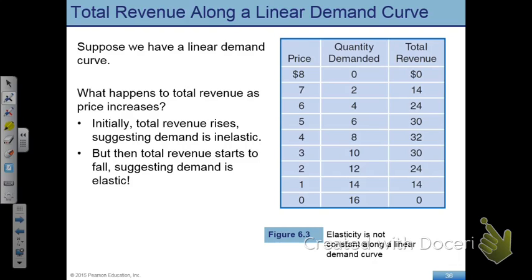Total revenue increases from 14 to 24. A major jump, right? 6 to 5, total revenue increases from 24 to 30. From 5 to 4, total revenue increases from 30 to 32. When price falls from 4 to 3, total revenue goes down. Do you see that? And then when price goes down from 3 to 2, total revenue again goes down. When the price goes from 2 to 1, total revenue again goes down.